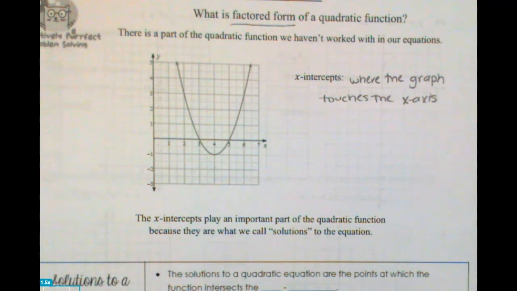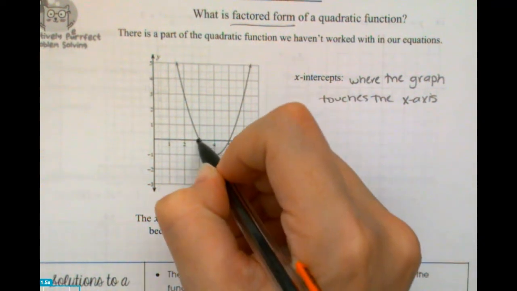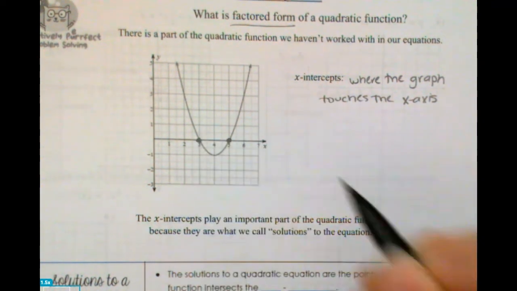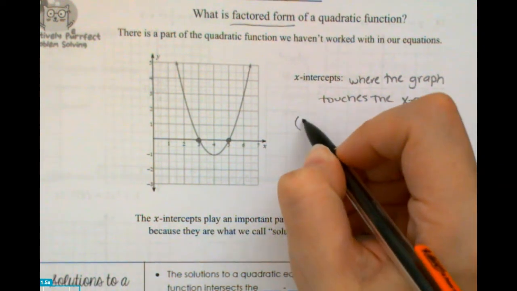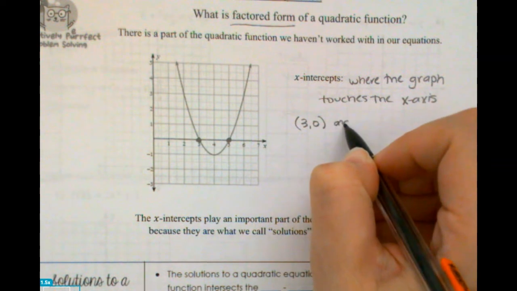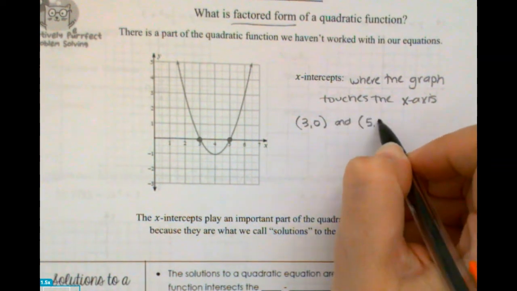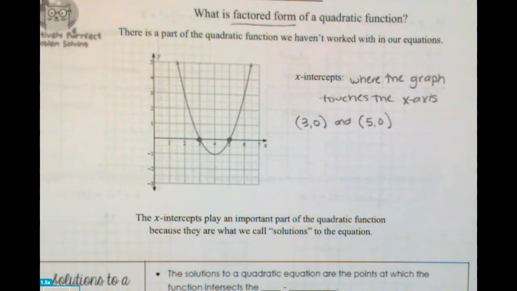So in this graph, that's this point right here, and this point right here at x equals 3 and x equals 5. And we write x-intercepts as coordinate pairs. So (3, 0) and (5, 0) are my x-intercepts for this particular quadratic function or parabola.